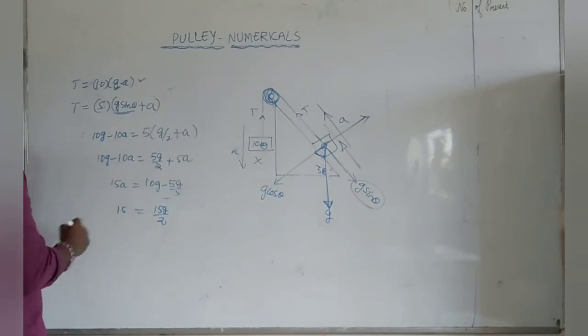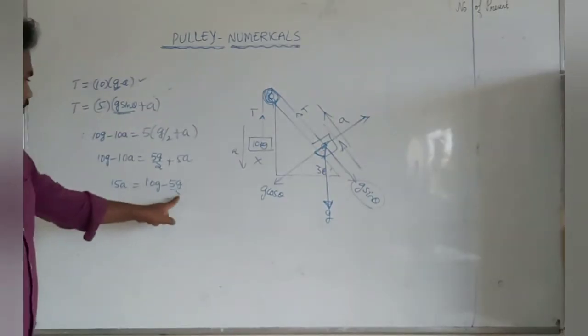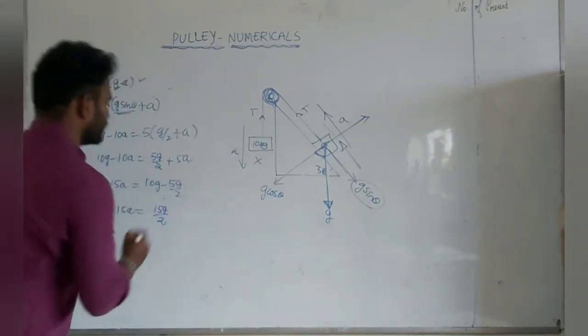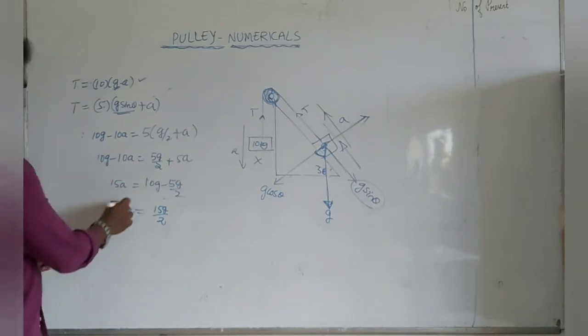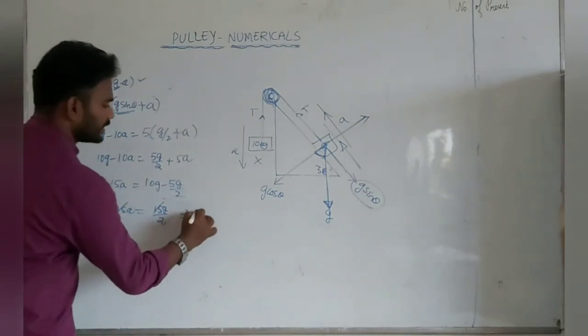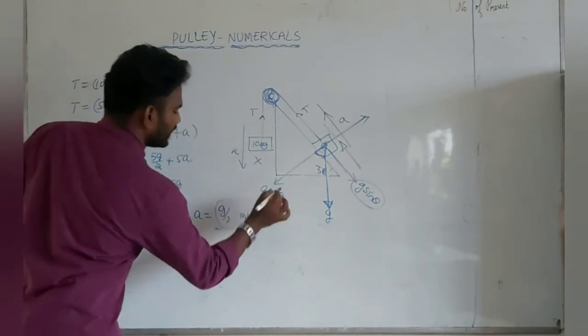Isn't it guys? Any doubts here? See, by 2 is there, 20 minus 5 is 15, 15 by 2. Here also 15 we have, 15 and 15 cancel. So the answer A is equal to G by 2, the exact answer for acceleration.